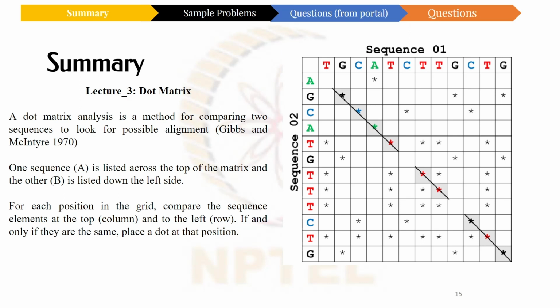Here we see some points falling along the diagonal of the axis. In closely related sequences, we see many of these points falling on the diagonal. Regions sharing significant similarities appear as lines on the main diagonal.